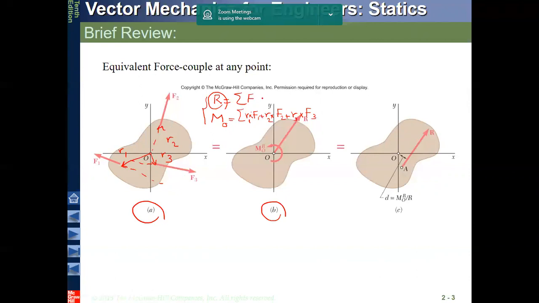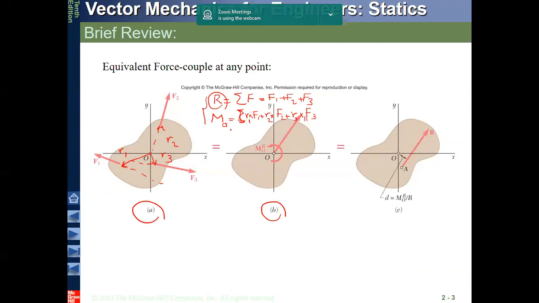So sigma F would give you F1 plus F2 plus F3. This is the resultant force, and the moments are R1 cross F1, which gives you M1, the moment of this single force. You can calculate the total moment by summing all the moments.